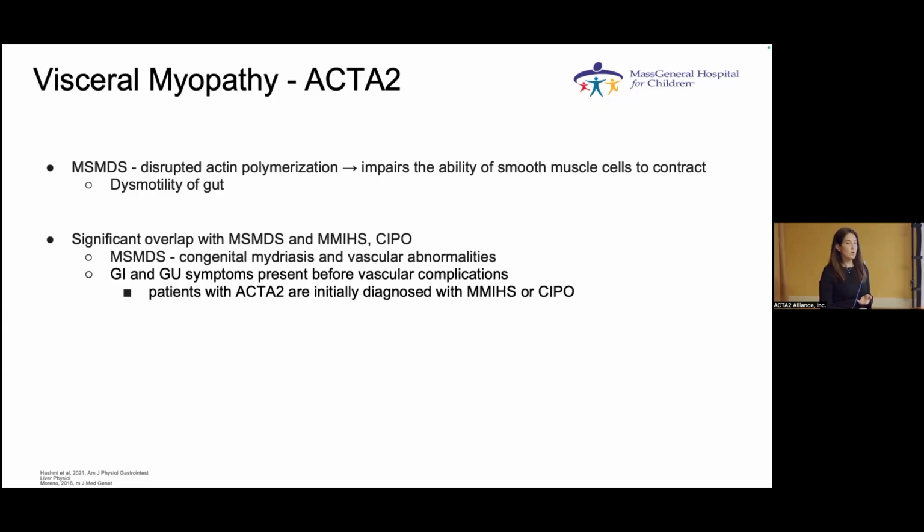There's a significant overlap that's been found between MSMDS clinically and the MMIHS and SIBO patients because they both present with these GI symptoms pretty early on. Although the MSMDS patients can have other issues, particularly the vascular issues, it's noted in the literature that the vascular issues present later in life, and so often our younger patients can get misdiagnosed because they have similar clinical presentations as these other disorders.